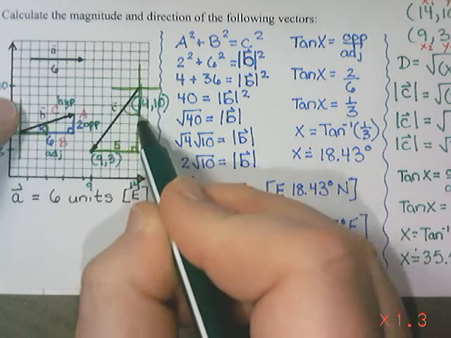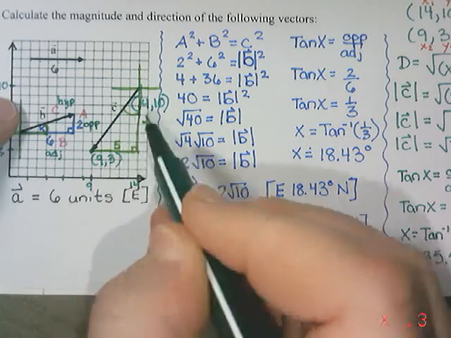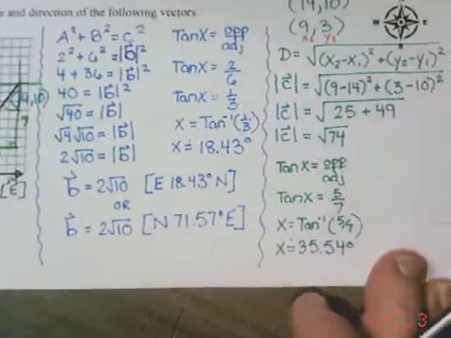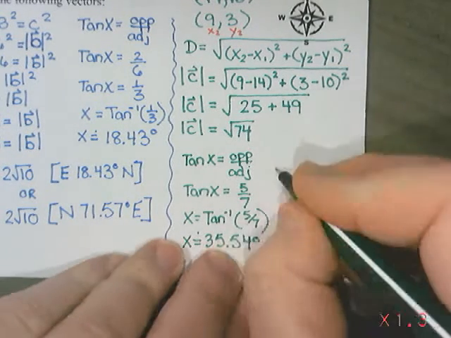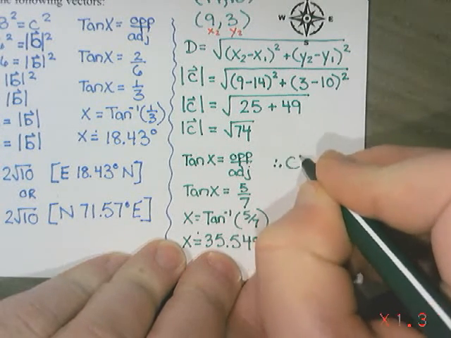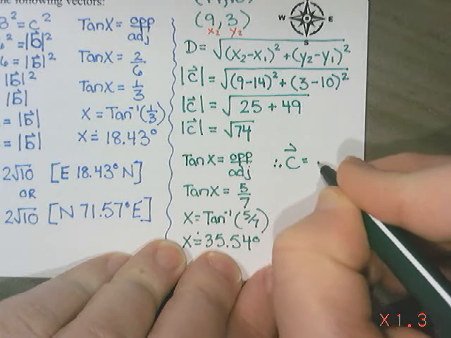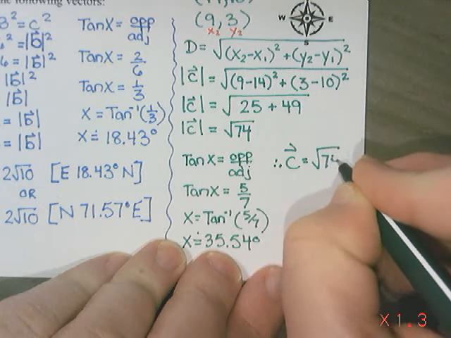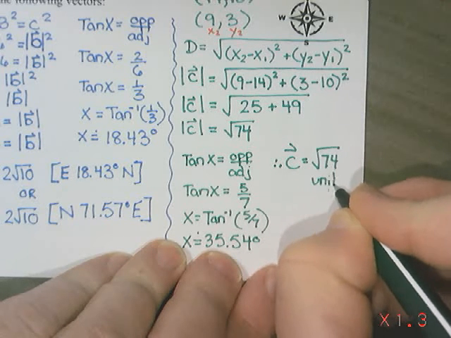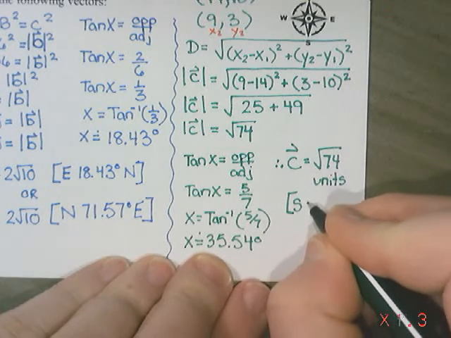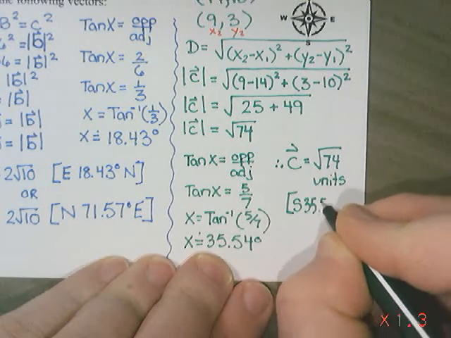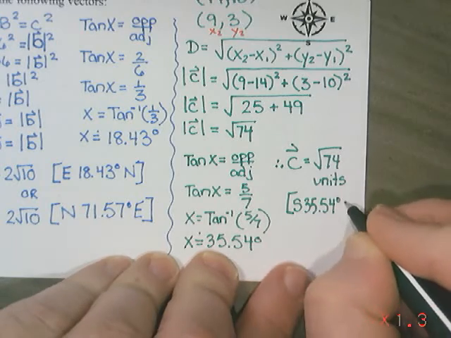So south, 35.54 degrees west. So my overall vector, vector C, is the square root of 74 units, and it is going south, 35.54 degrees west.